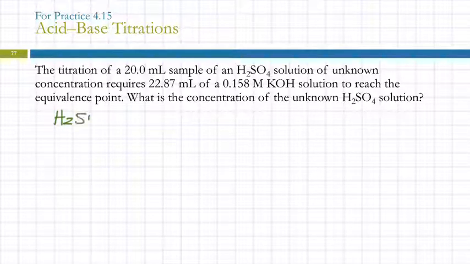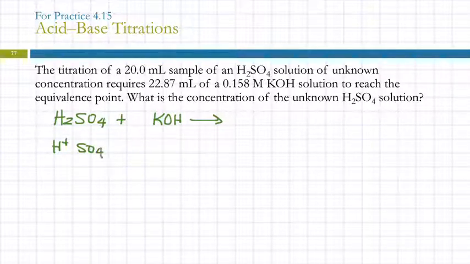So H2SO4 plus KOH. You might be able to predict these products without writing out the individual ions, but maybe not, so let's write them out. So those are the ions present, and we're going to swap partners.